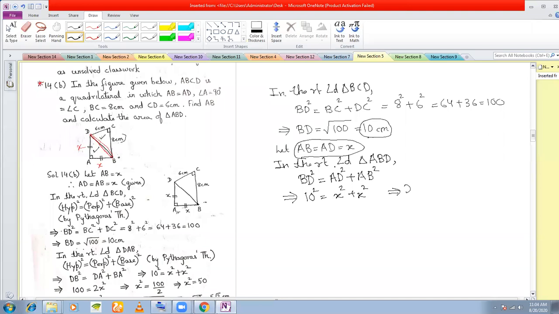And that means 2x square is equal to 100. That means x square is equal to 100 divided by 2, which is equal to 50. So x square you are getting as 50. That means x is what? Square root of 50. And what is square root of 50? Convert this pure surd to a mixed surd.